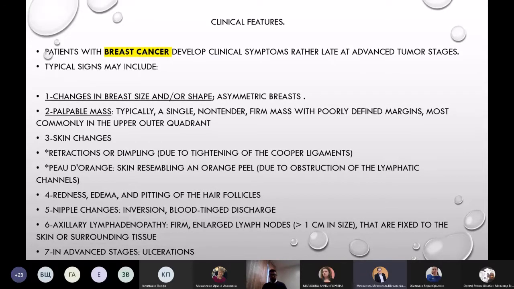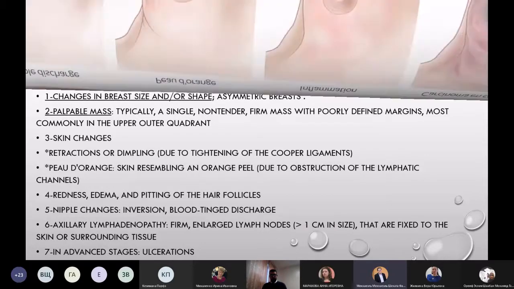So typical signs may include changes in breast size and or shape, symmetry or asymmetry, palpable mass, typical or atypical, skin changes, whatever they are, redness, edema, and pitting of the hair follicles, nipple changes, inversion of the nipple, or blood-stained discharge, axillary lymphadenopathy, and also in advanced stages, ulceration.